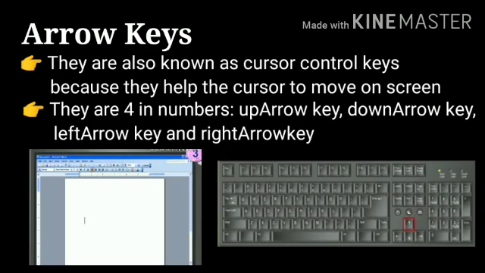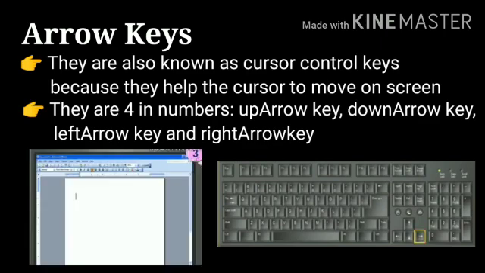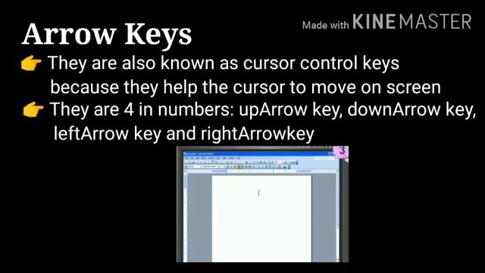Up arrow key is used to move the cursor up. Down arrow key is used to move the cursor down. Left arrow key is used to move the cursor to the left. Right arrow key is used to move the cursor to the right. We can move the cursor all over the screen by using our arrow keys.